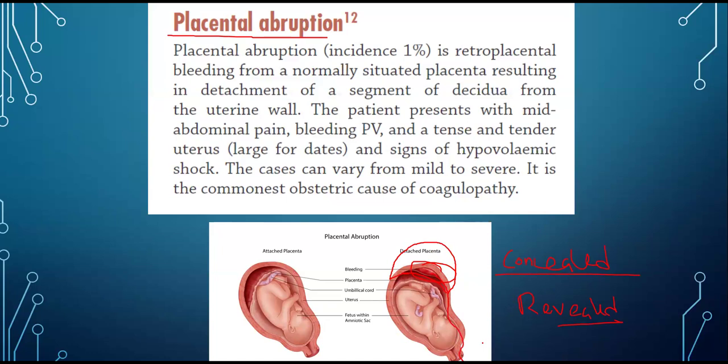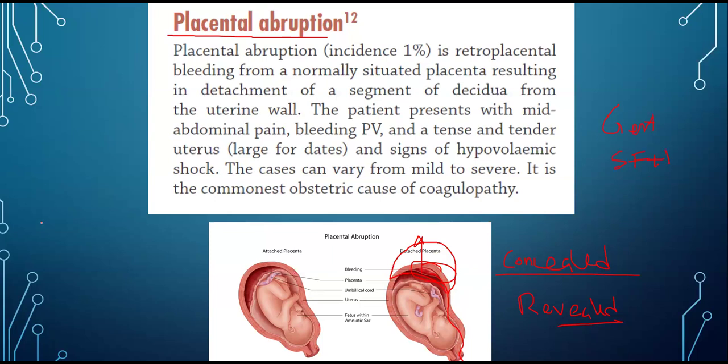So there are two types of placental abruption. One is the concealed variety where blood will get accumulated. Because it gets accumulated, the uterus will be very large. So you will find that the uterus is larger than the gestational age. Gestational age usually correlates with the symphysiofundal height, or height of the uterus.